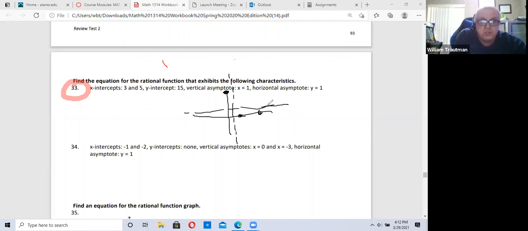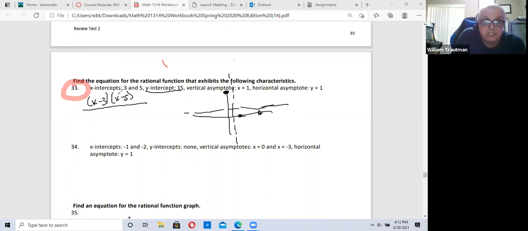Find the equation. Don't forget, x-intercepts are on the top. The x-intercepts at 3 and 5 give x minus 3 and x minus 5. The y-intercept is at 15, meaning when you plug 0 in for all the x's, everything adds up to 15.